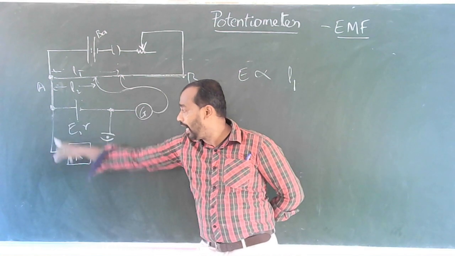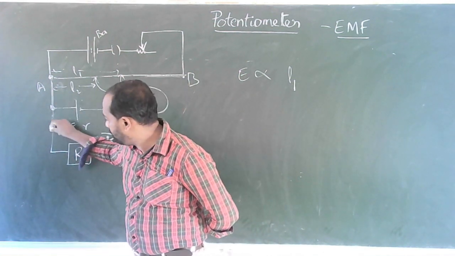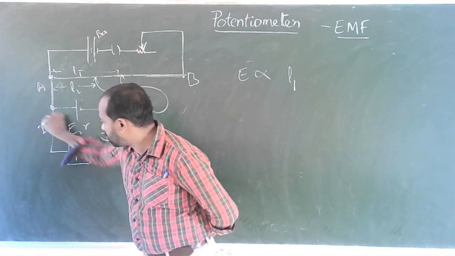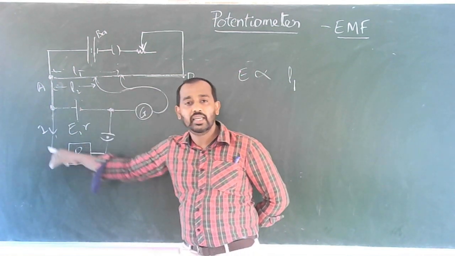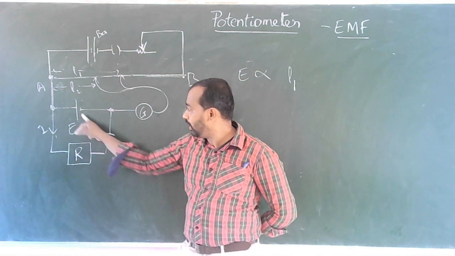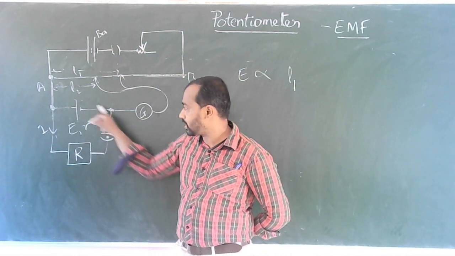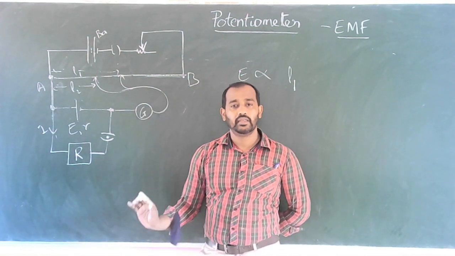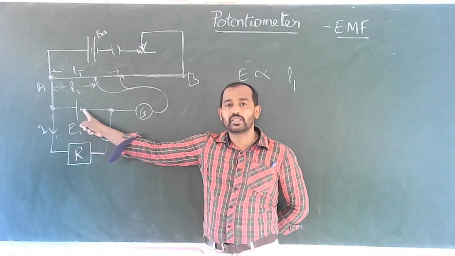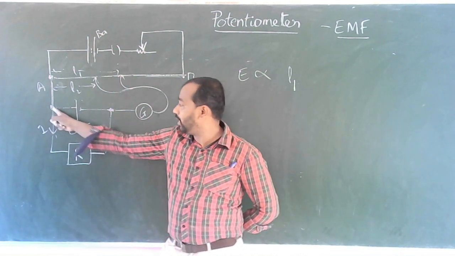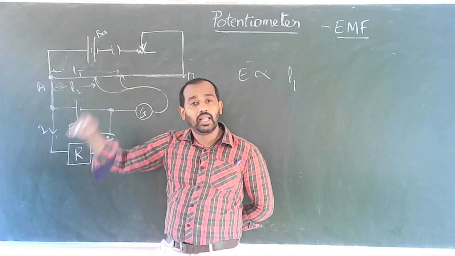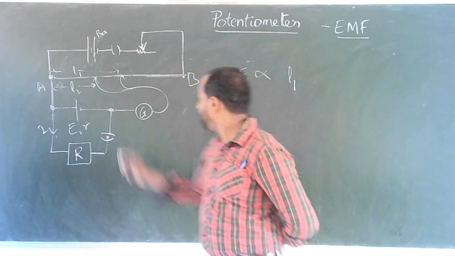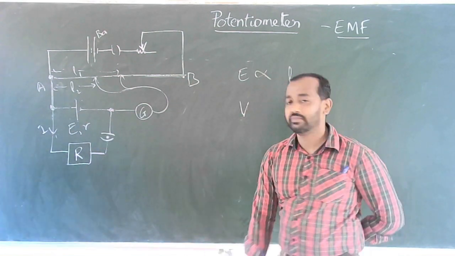Let us assume a current I flowing from positive to negative, in this branch only, from the cell to the external resistor and back to the cell, not here. Therefore this is now not an EMF. The potential difference across the cell is lesser than the EMF. It is the terminal potential difference, and that is represented as V.